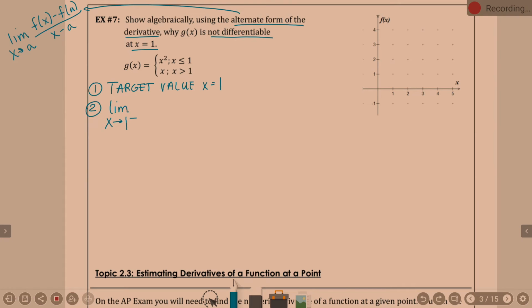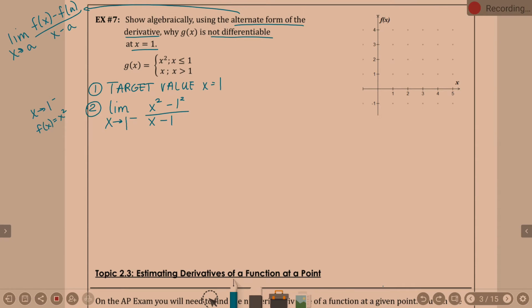So keep in mind, when x approaches 1 from the left, we're going to be using x squared, correct? Just a side note there. So f of x is going to be x squared minus f of a is 1 squared if you want to get particular, over x minus a, so x minus 1, correct?